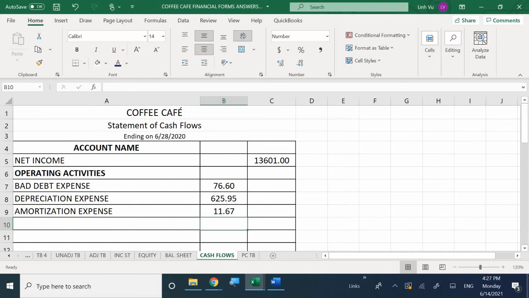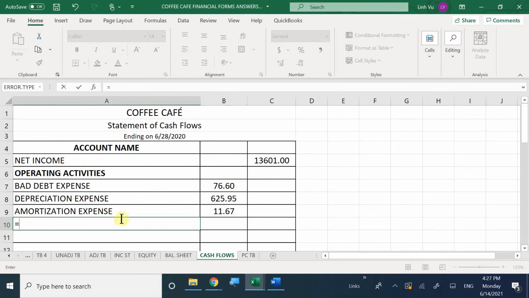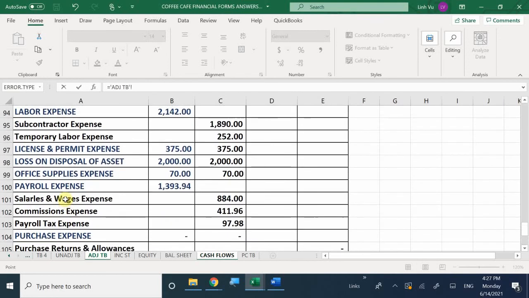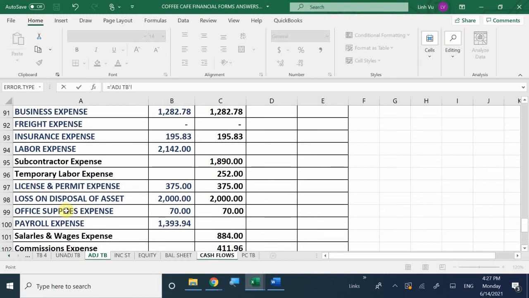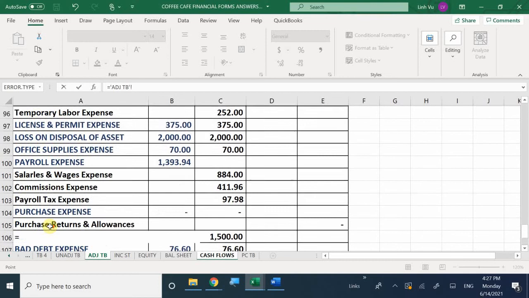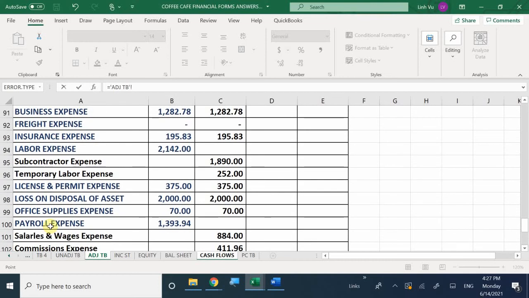Now, another thing we also have to add back is my loss on disposal of asset. Because when I sold my furniture, I said I lost $2,000. Now, did I actually spend $2,000 and lose it? No, that's also a non-cash transaction.